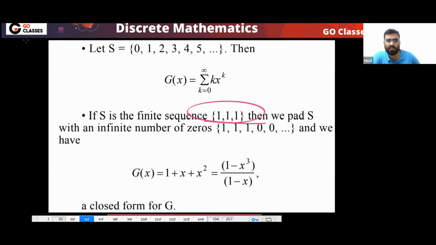For example, for the sequence 1 1 1, the generating function will be just appending all the zeros. You apply the GP formula. This is a GP, and the number of terms is 3. Similarly, you can find the generating function for this sequence; it will be like this.